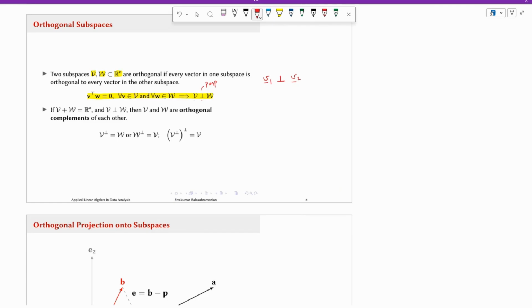Let's look at some examples. We're talking about R2. Is the red line that I've drawn a subspace of R2? Yes, all lines passing through the origin form a subspace of R2. I call this the V subspace.